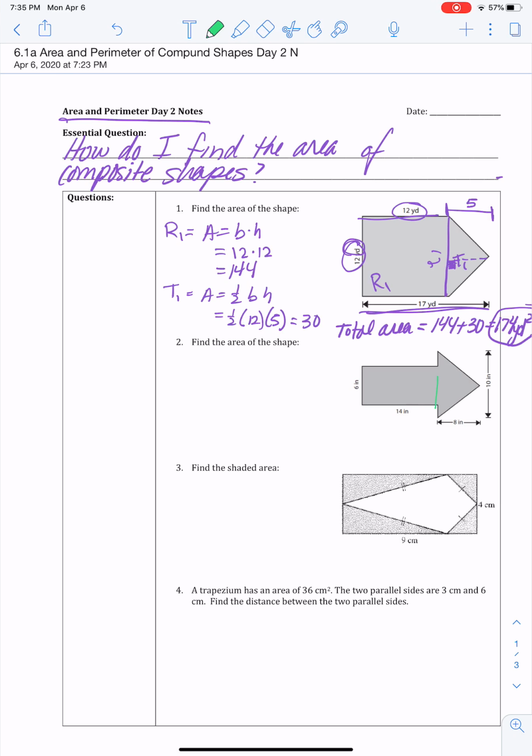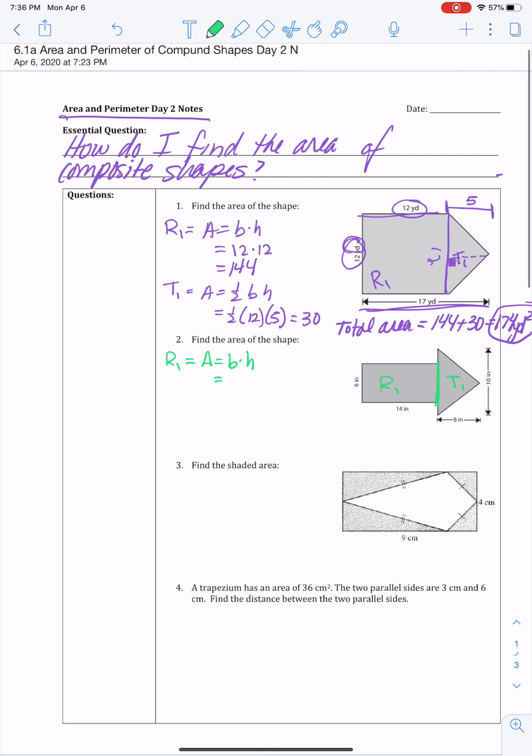Again, we break it into recognizable shapes. So we have a rectangle and a triangle. So rectangle 1, triangle 1. The rectangle is area equals base times height. The base is 6 and the height is 14, which is 84.